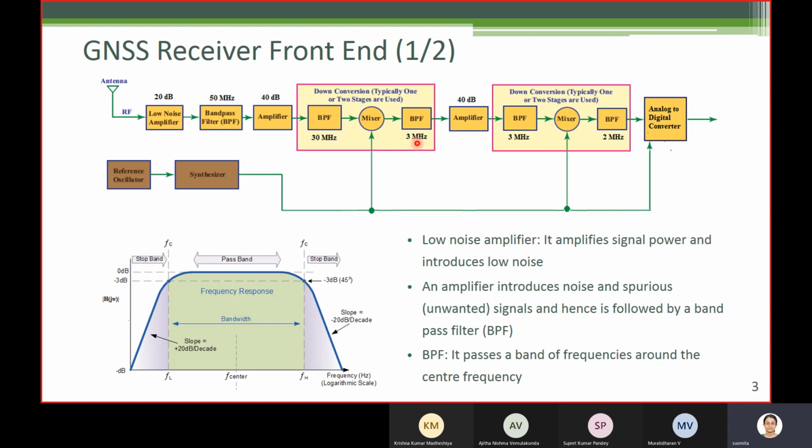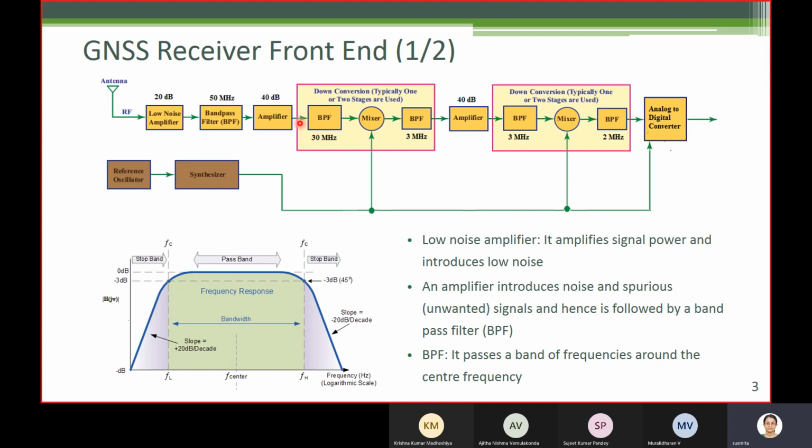Then these two stages are actually down conversion. We'll come to down conversion in more detail on the next slide, but note that the down conversion in this configuration is done in two stages. So let's say we have the L1 frequency 1575.42 megahertz, which is about 1.5 gigahertz, and we want to down convert it to some megahertz.